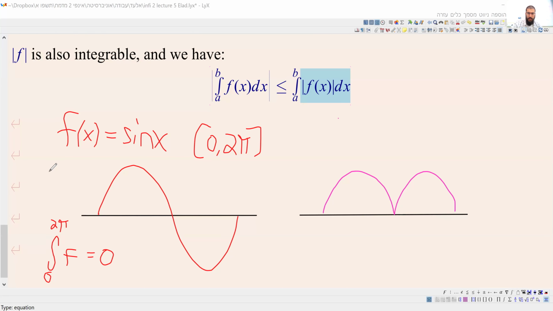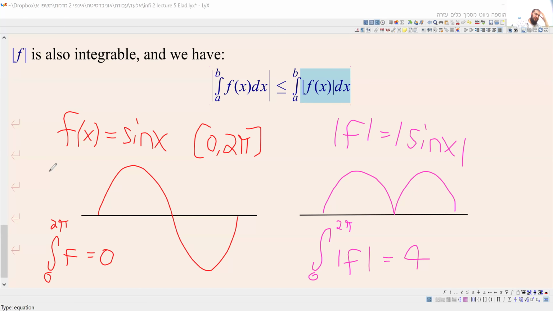This is the absolute value of sinus x. We don't yet know how to calculate it, but one can use the cosinus of 2 pi minus the cosinus of 0, etc. But here, trust me again, you get 4, which is, of course, greater than 0.